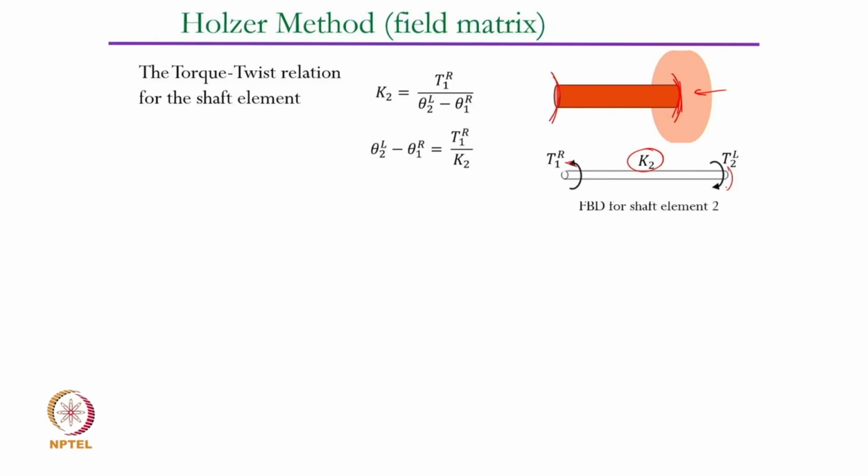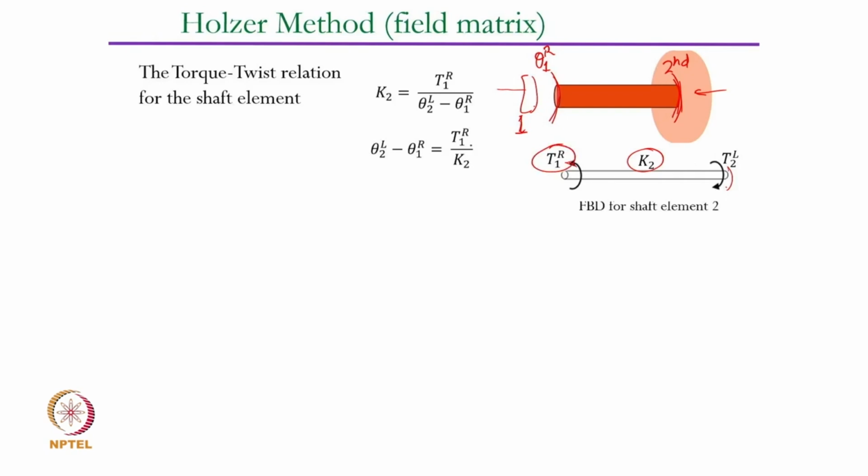That is theta 2L minus theta 1R, because if this is the second disk, disk number 2, then there will be another disk here, disk number 1. So this is going to be theta 1R. The previous disk will be disk number 1, so on the right side of that disk number 1 will be theta 1R. Just like the torque on the right side of that disk is going to be T1R, right?